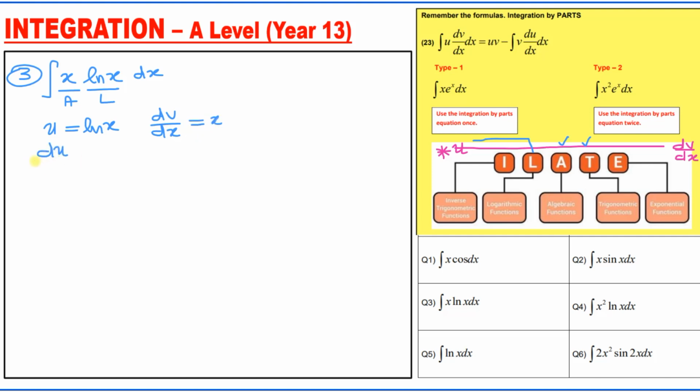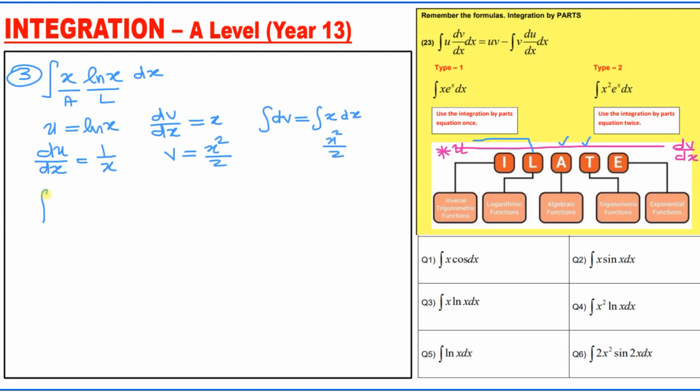So du over dx, the differentiation of ln x, is 1 over x, and if you integrate the dv, you can show the working out, integrate x dx, that becomes x squared over 2. So that is x squared over 2.